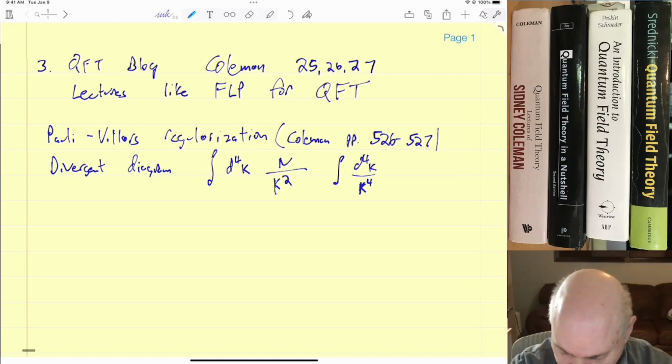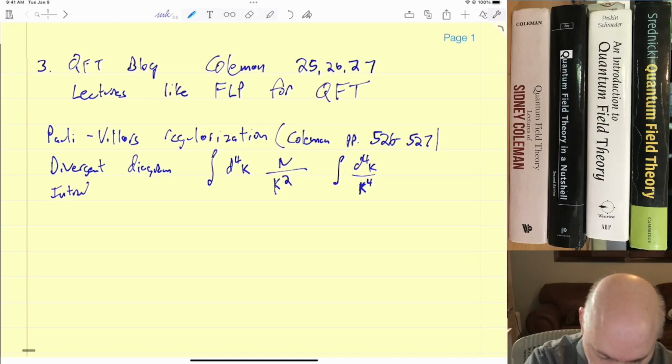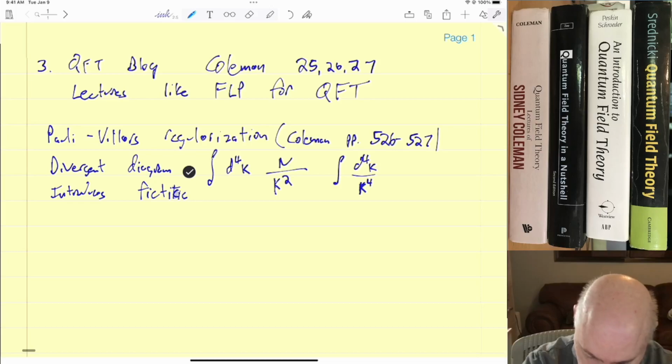So sometimes you need to get extra powers of k in the denominator. And Pauli-Villars does this. It introduces fictitious masses.